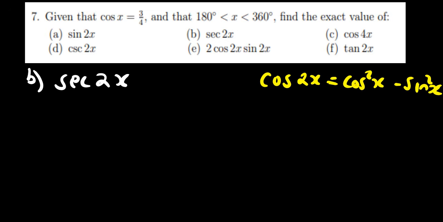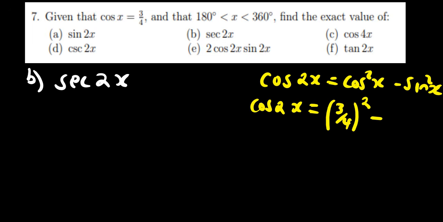So what do we do? We are going to say cos 2x will be equal to, why am I using cos 2x? Because there's sec 2x here. So what do we now do? They've already given us cos x, which is 3 over 4. This is squared. Minus sine squared x is the one that we just found.